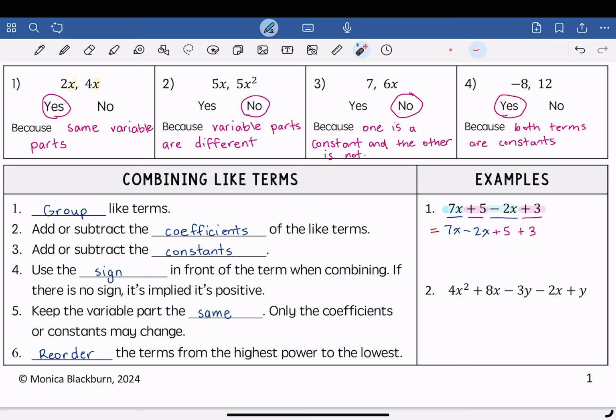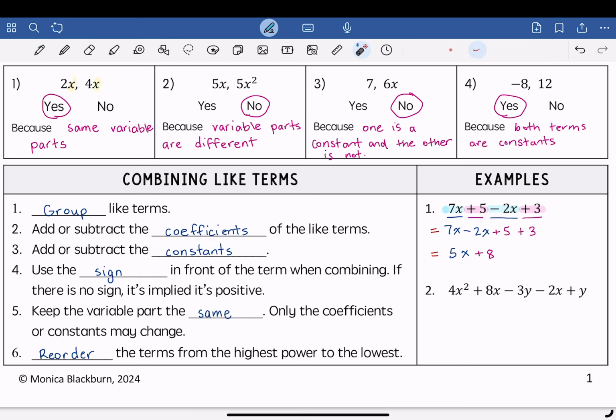Now, once the like terms are together, I can add or subtract. So 7x minus 2x, so it will be an x, and then 7 minus 2 is 5. And then the constants are just added together, which is plus 8. And that is as simplified as this expression can get.